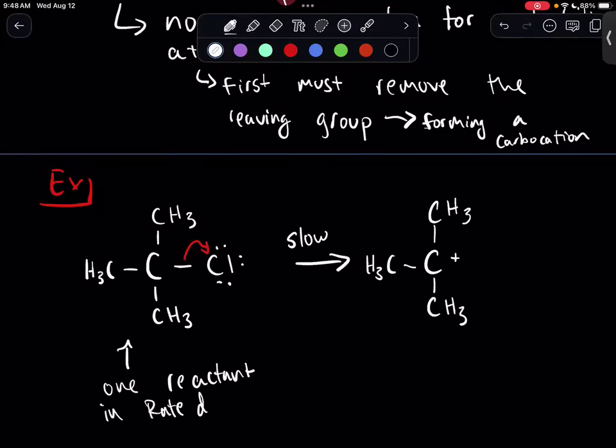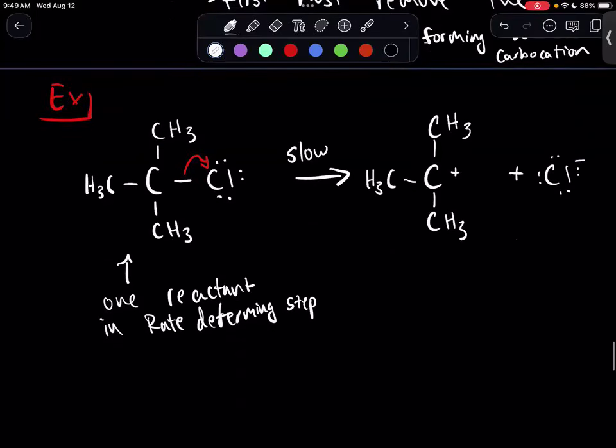Rate determining. And we'll put our chloride ion there. Therefore, this is unimolecular. So again, that's where we get SN1.